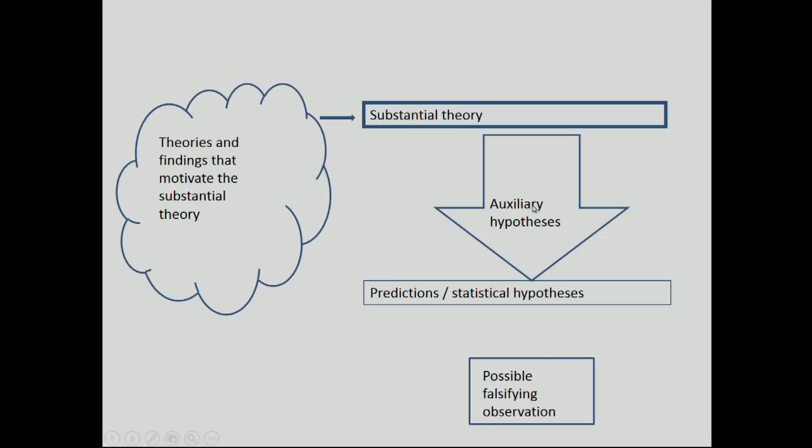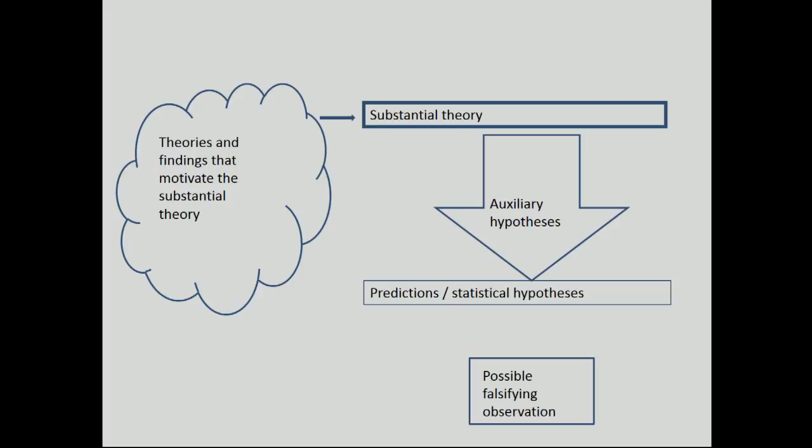Like, as I say, the variables measure the things they say they measure, they're reliable and valid, there aren't any confounds, and so on. Other auxiliary hypotheses will be things like the data are distributed in the way assumed by the statistical test. It's everything you need to assume for the test to test the substantial theory.